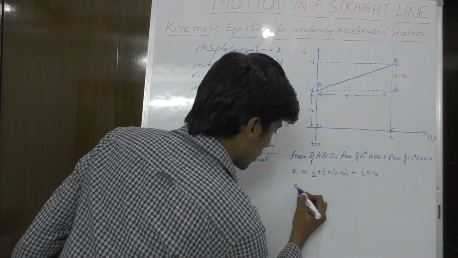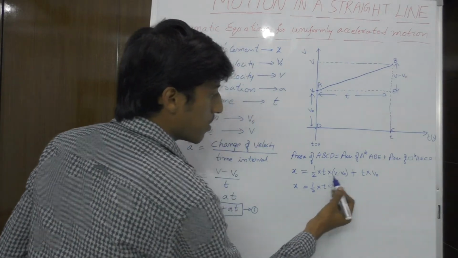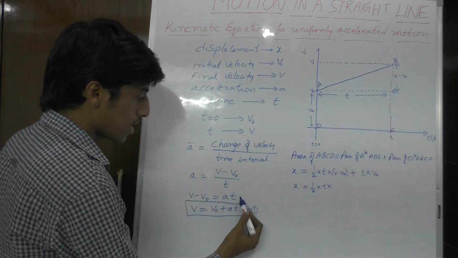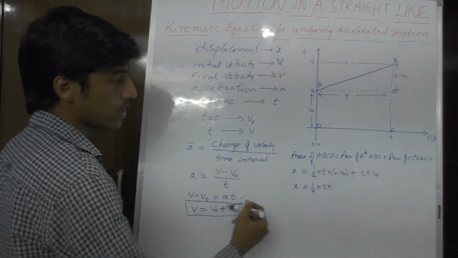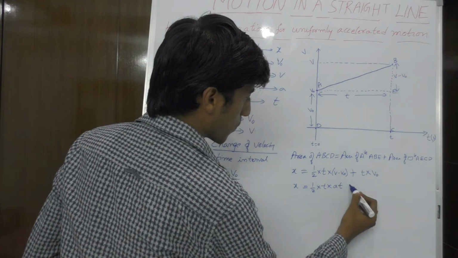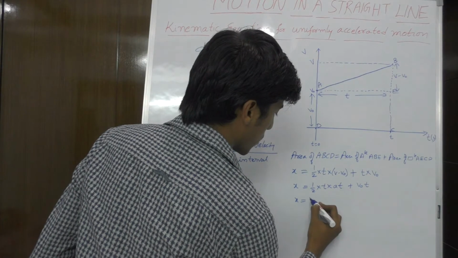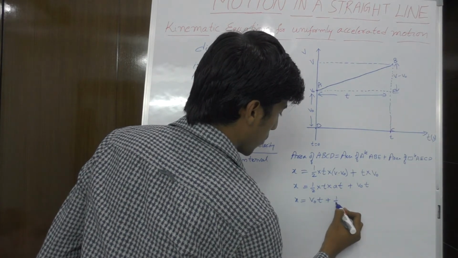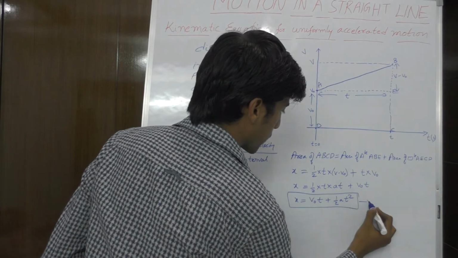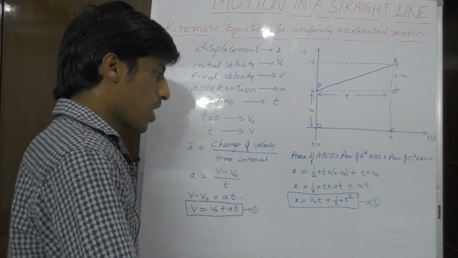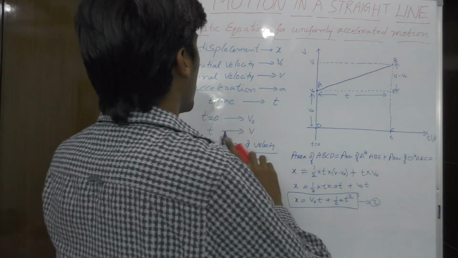So x equals half into t into, in place of v minus v naught I can write at from this particular equation, v minus v naught is equal to at, plus v naught t. Finally I will get x equals v naught t plus half at square. This is the second equation. Now I can also derive one more equation.